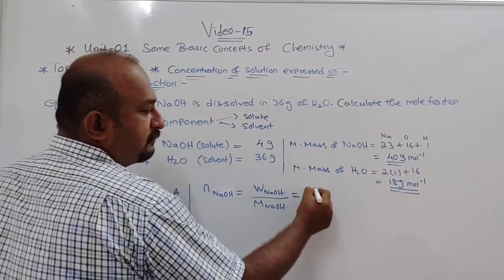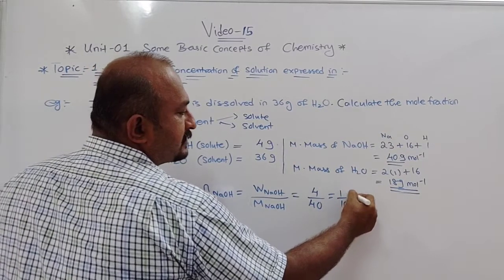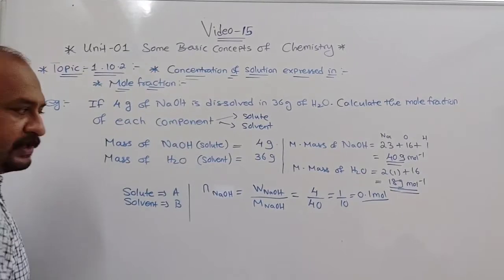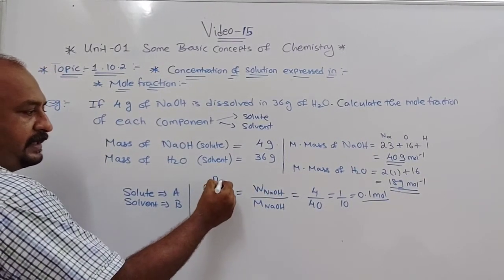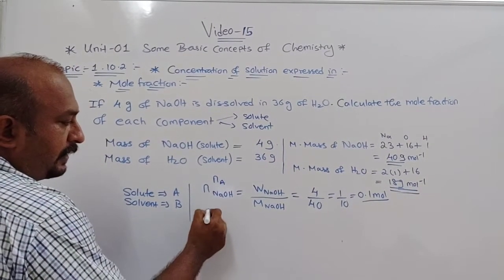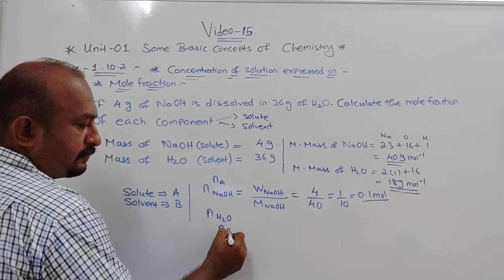Weight of NaOH is 4 and molar mass is 40. So 1 by 10, which is equal to 0.1 mole. NaOH moles we can also write as Na.